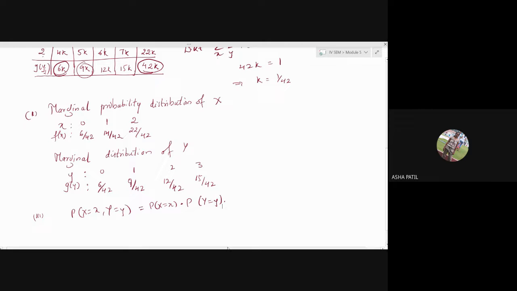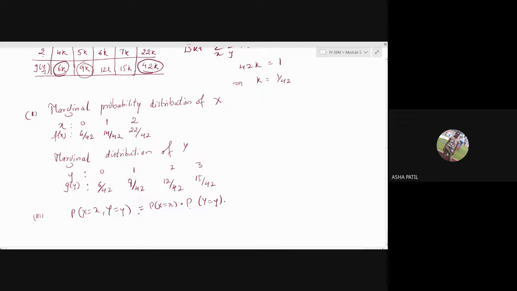So we know that the definition tells the probability that x equal to x and y equal to y must be equal to the probability that x equal to x into the probability that y equal to y.